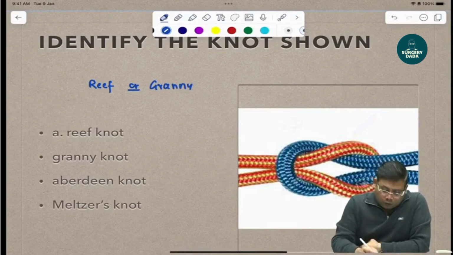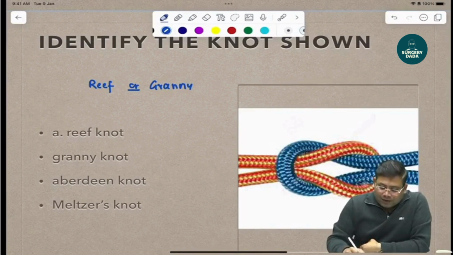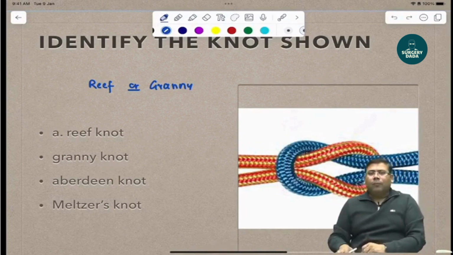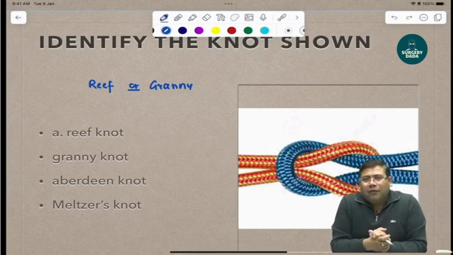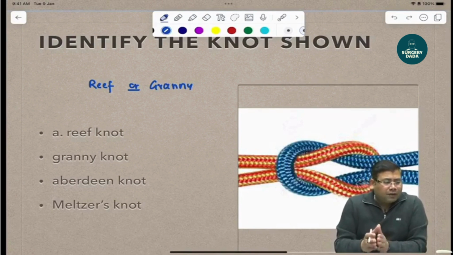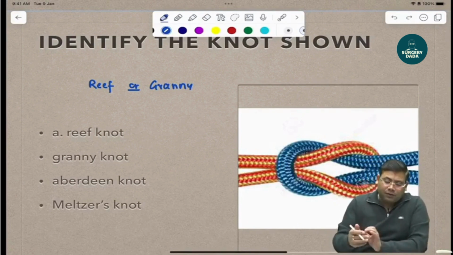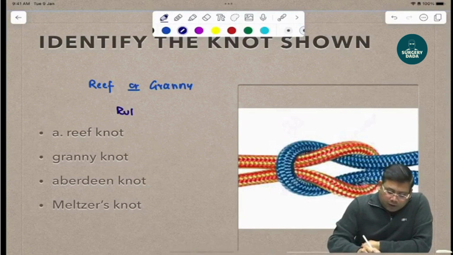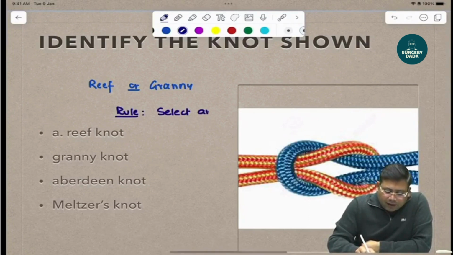It is a two-throw knot. So can it be Melzer and Aberdeen? No, it's a two-throw knot, one throw and two throw. There are two throws. So one thing is clear, that it's a two-throw knot. Now how to identify the granny versus reef? It's a two-throw. So the rule is select any one end. Select any one end.